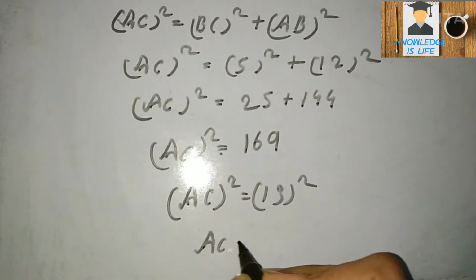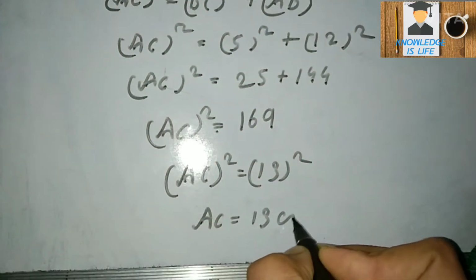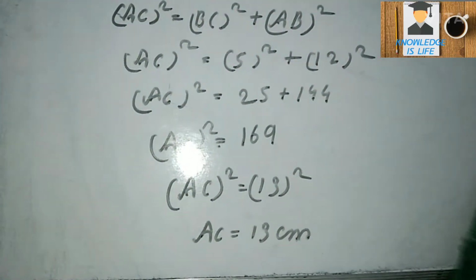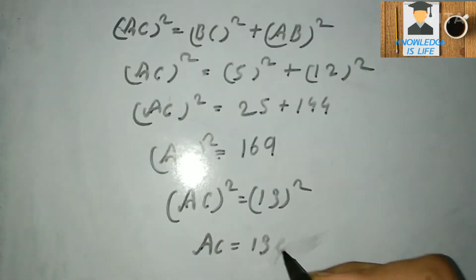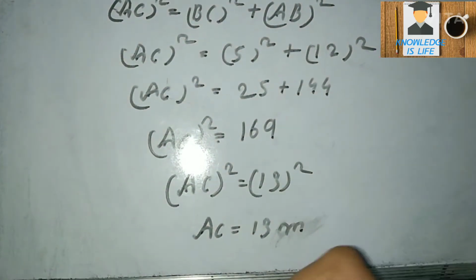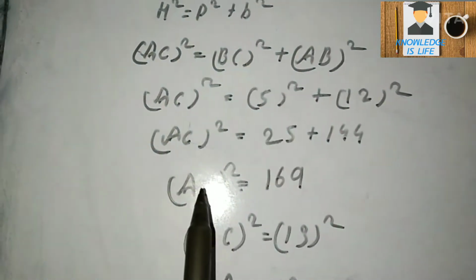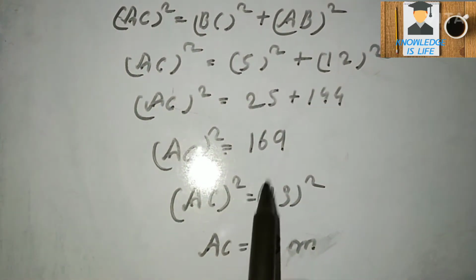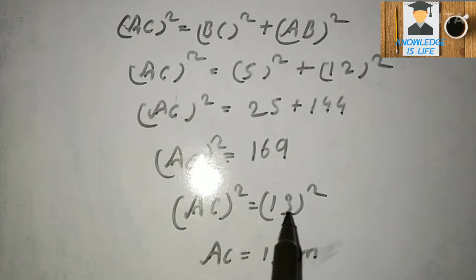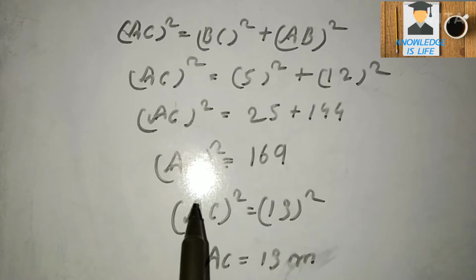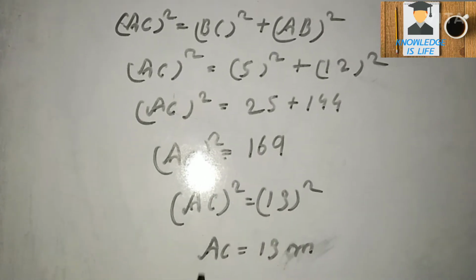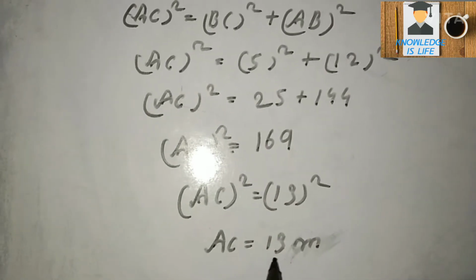AC equals 13 meters, because 169 is the square of 13. 13 into 13 is 169, so it will be 13 square. The squares cancel, and our AC is 13 meters.